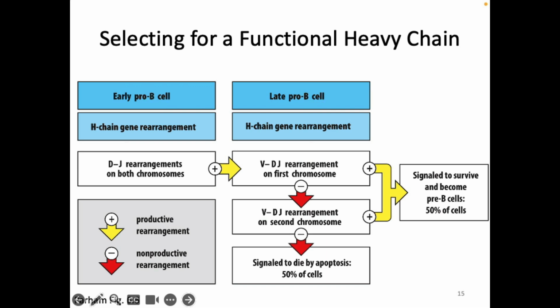Well, fortunately, because we did not ever get a good signal, we did not ever turn off RAG. And so now the second chromosome can keep going and try to recombine. So we got 2 chances to make a good heavy chain. If that one works, oh my gosh, it goes on the surface and gets a signal and survives.